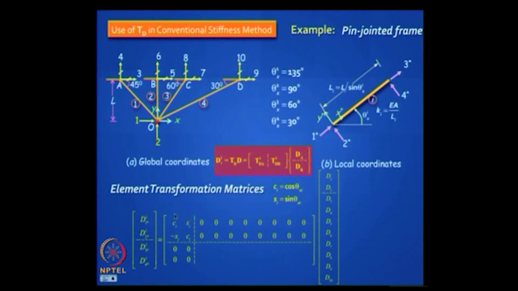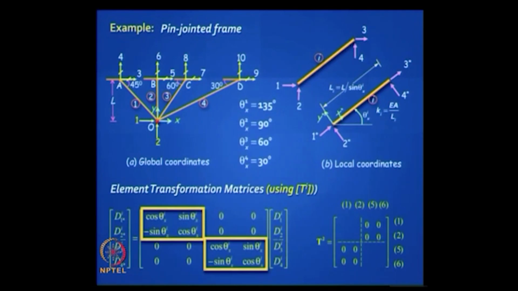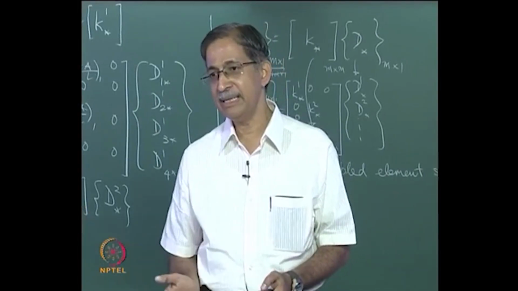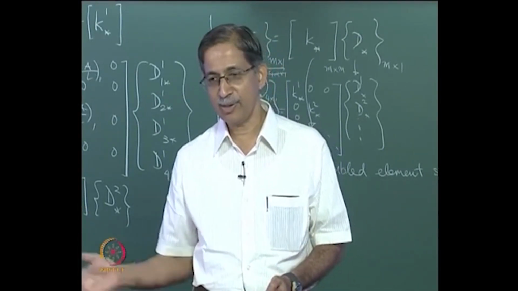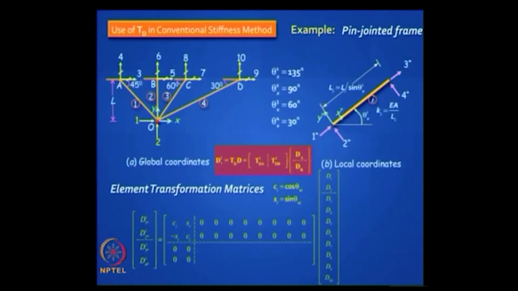Now do you not agree this box will be the same as the box we got earlier, because it is the same transformation, cos theta sin theta minus sin theta cos theta, right, because we are aligning to the global axes, because the global axes are pointing x horizontal and y vertical. So I have taken a short form, I have said let Ci be cos theta I, because I need not write so many letters and my matrix looks smaller, and sin theta I write as Si.